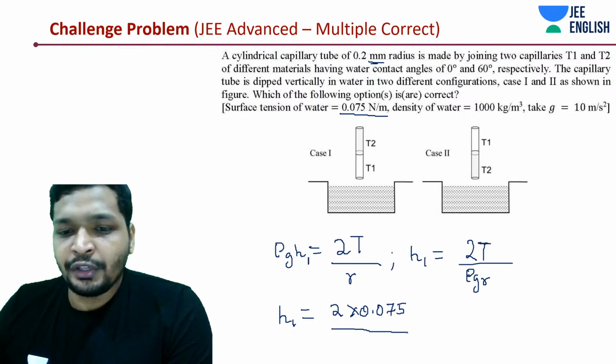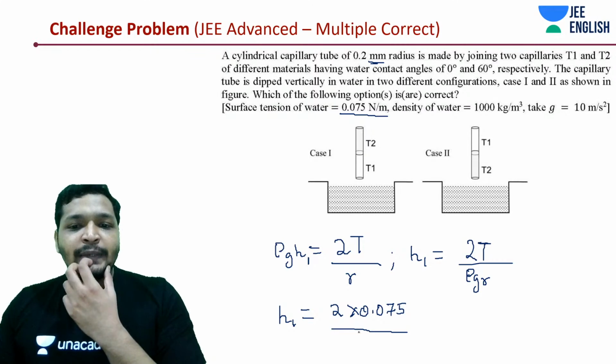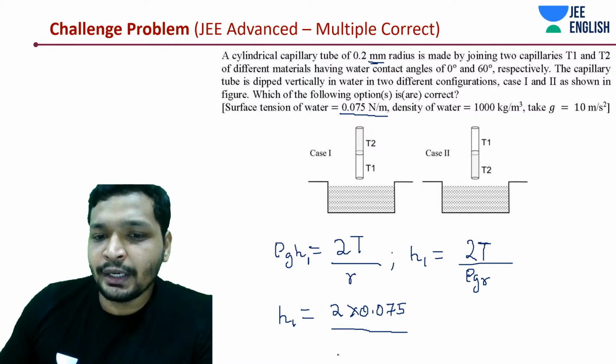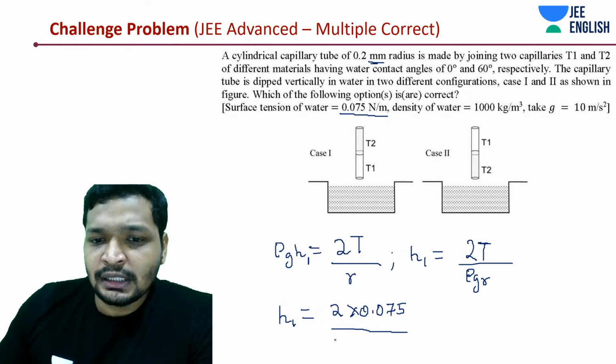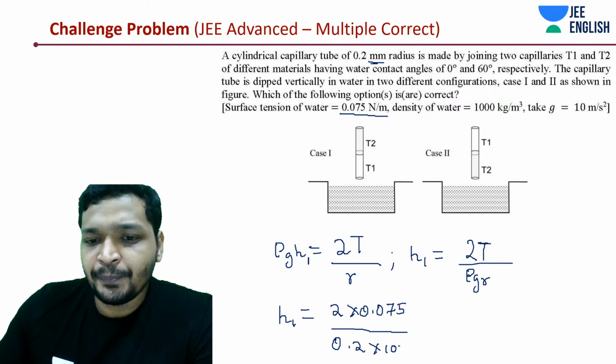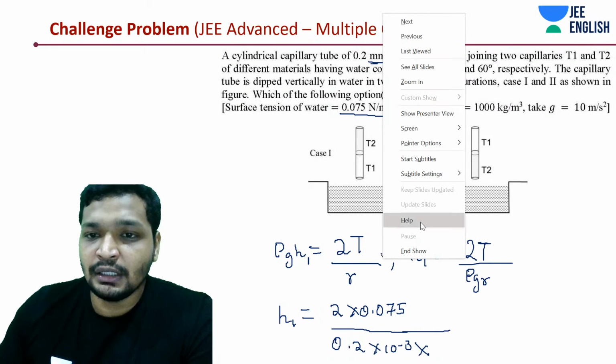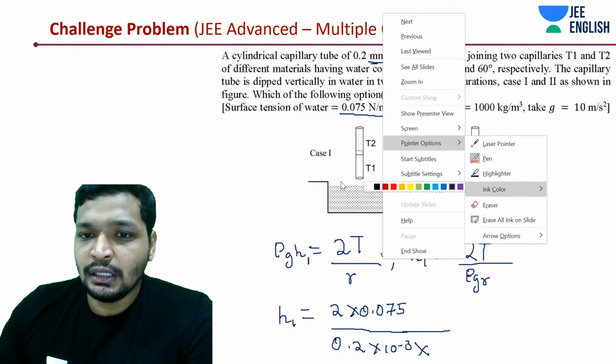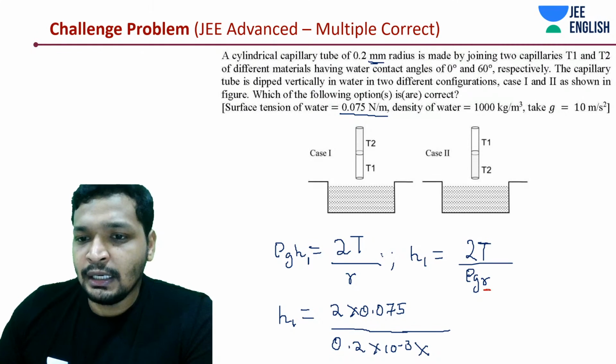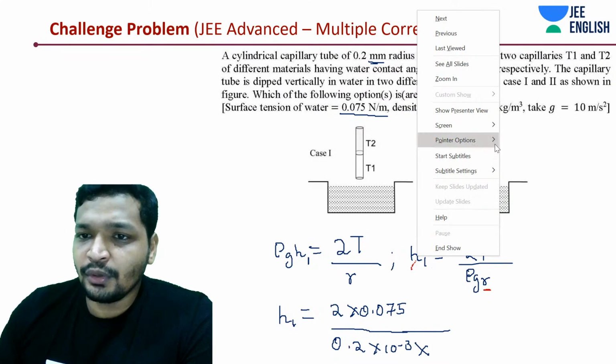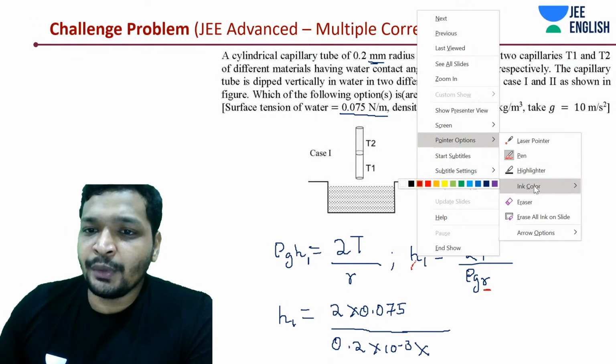I got it, what you're asking me. I need to explain it, I believe. All right, and so how much is this? This is 0.2 into 10 to the power minus 3, that is radius, not density, sorry. I've just written down the radius. And gravity, you will take it as 10.